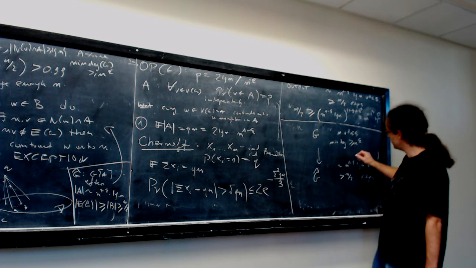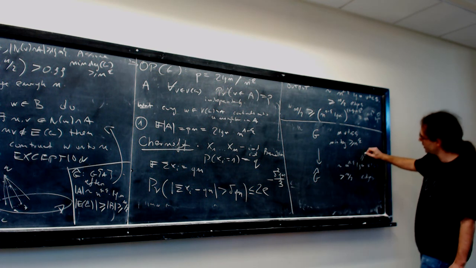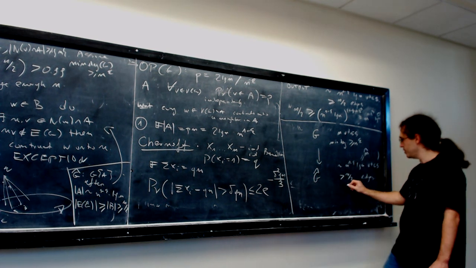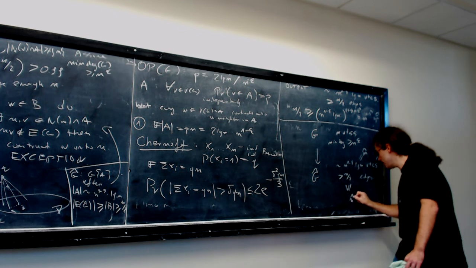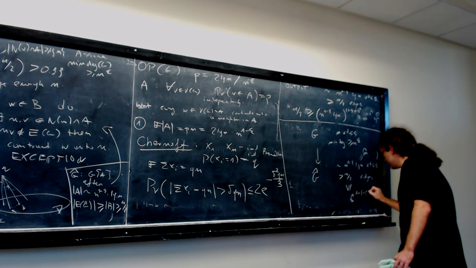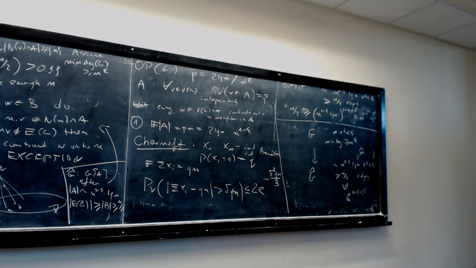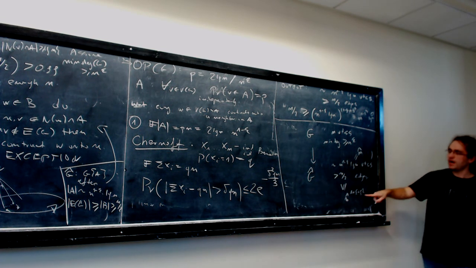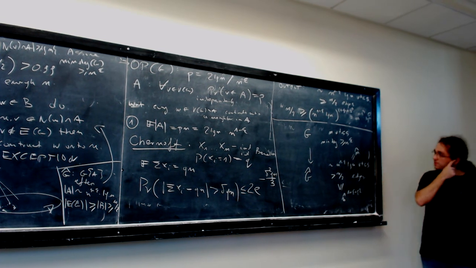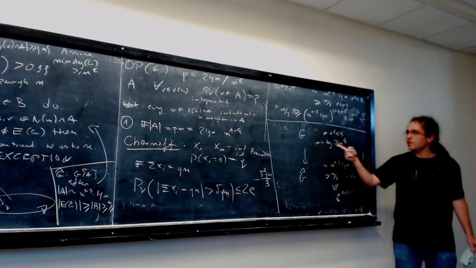And we observe that if we define this one to be n hat, then the number of edges is larger than n hat to the 1 plus epsilon squared, which was what we wanted. This is higher density. The only thing that's missing is getting from average to minimum degree.